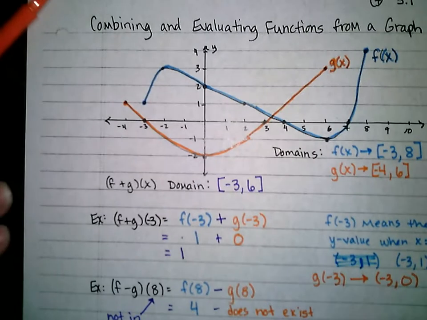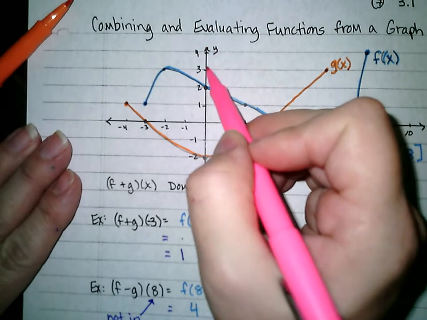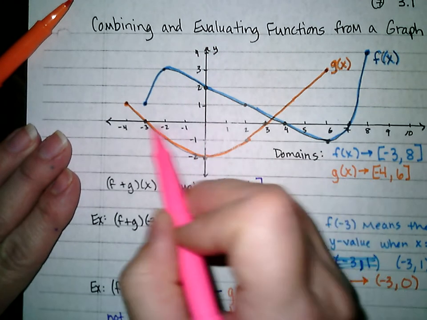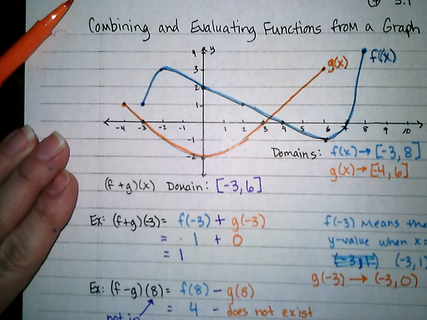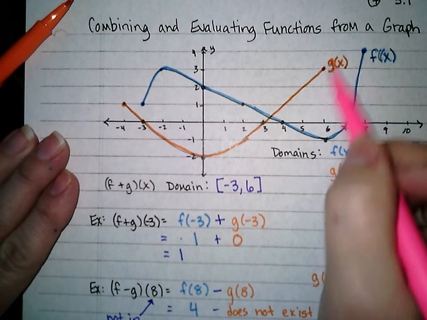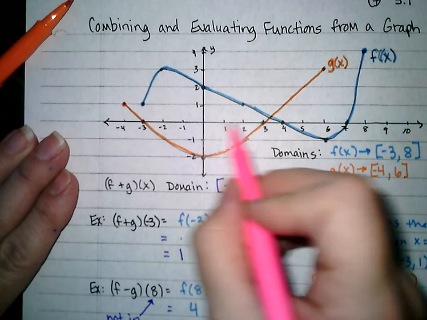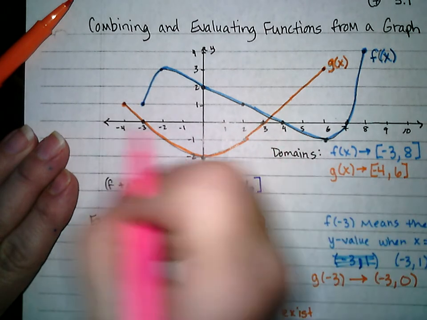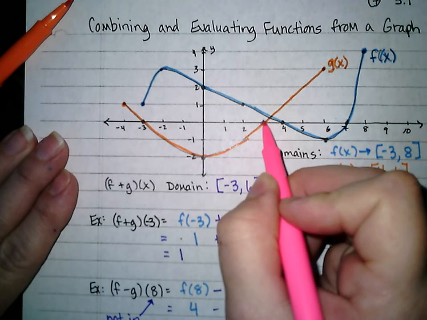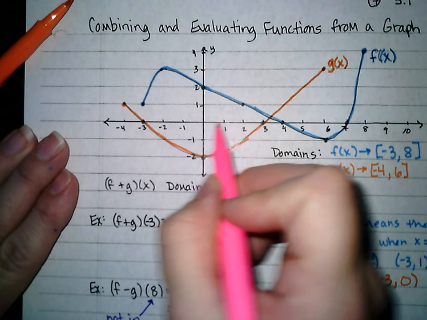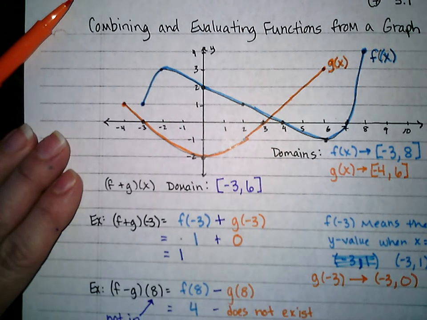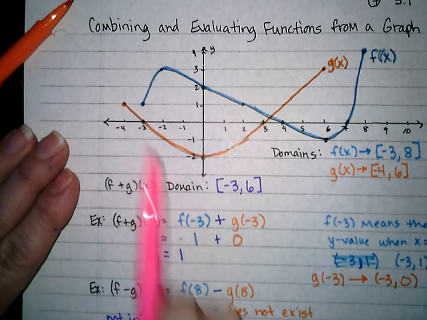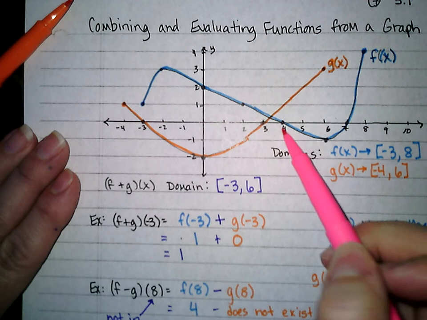Y is 0 anywhere along here, because like this is the ordered pair 1, 0, 2, 0, 3, 0. So where would g of x be along y equals 0? So I've got one here at x equals 3, and I've got another one here at x equals negative 3. So my x values are negative 3 and 3. Now, if they were asking me for f of x, those would be like 4 and 7.